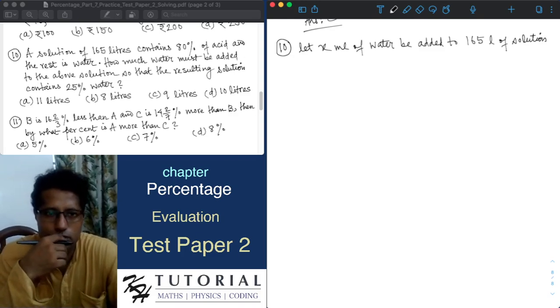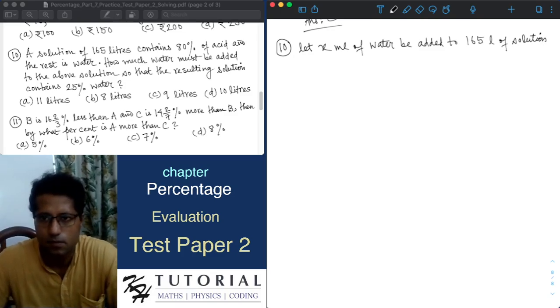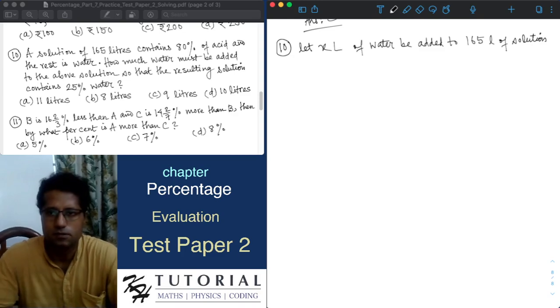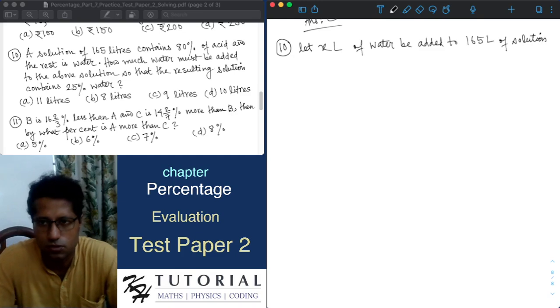Since it is given in liters, let's say x liters of water will be added to the solution of 165 liters of the solution. Okay.